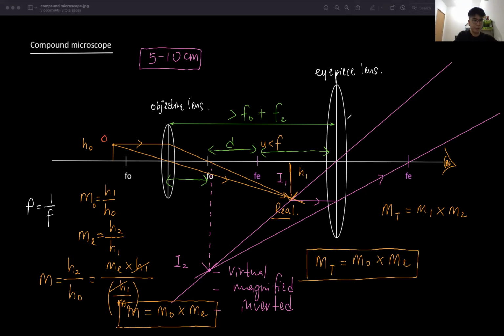Okay, so that's it for the compound microscope. I give you 5 minutes. You practice drawing this one. All the ray diagrams, you must practice drawing at least one time. We haven't gone to the mirror yet.